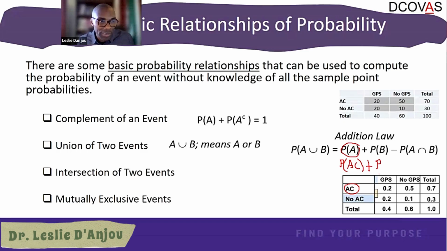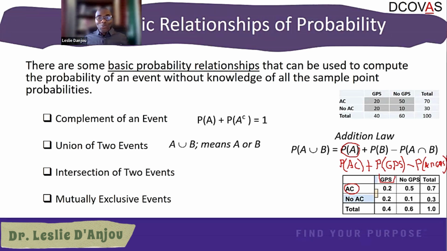Let's say we make that B GPS. It's hard to write with the mouse, so just bear with me. Minus where they intersect, the probability of AC and GPS. All right, that's close enough.